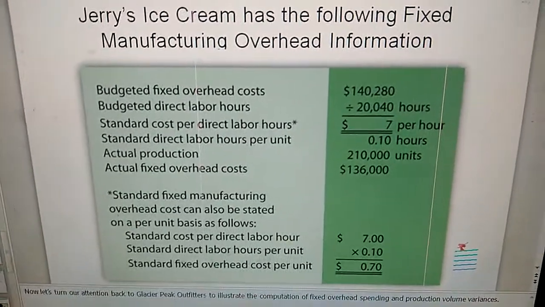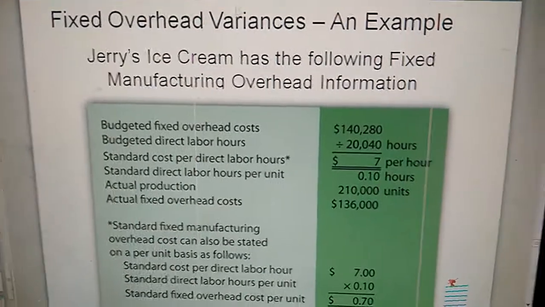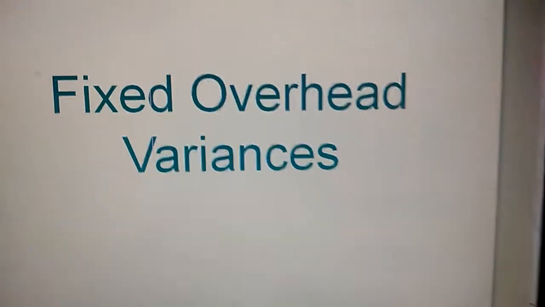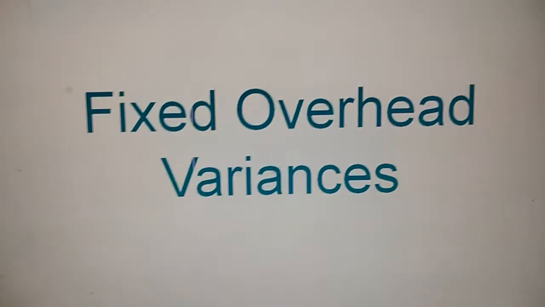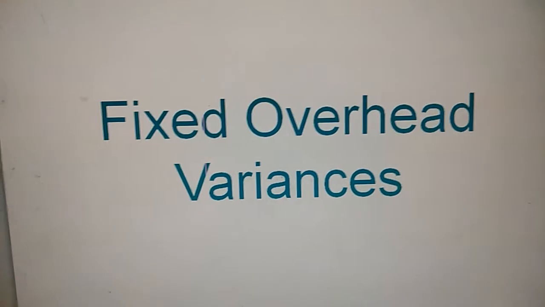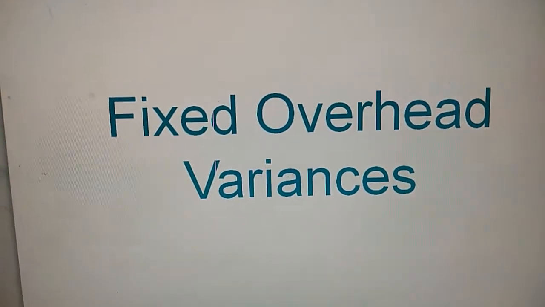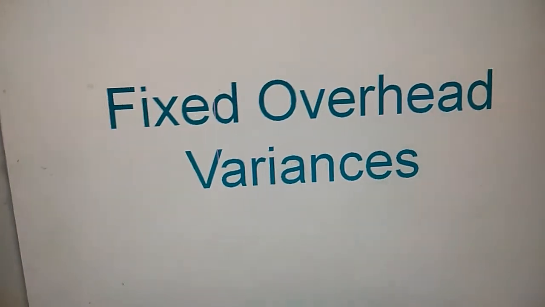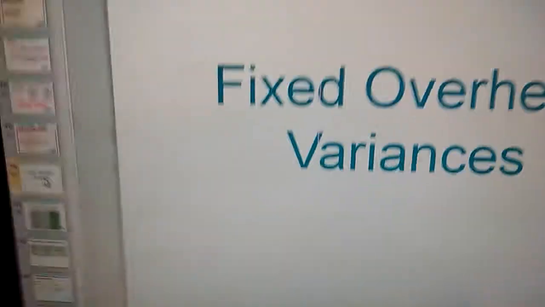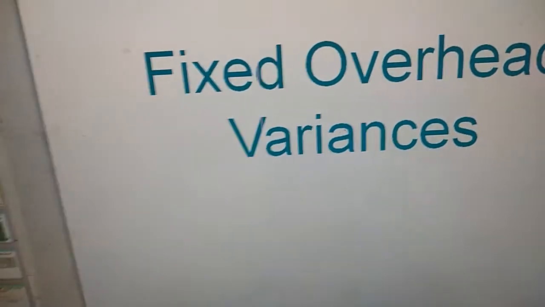So my task is to present to you the fixed overhead variances. Many organizations also analyze fixed manufacturing overhead variances. Manufacturing companies are required to assign fixed manufacturing overhead cost to products for final reporting purposes. This is called absorption costing, which was discussed in our last discussion.